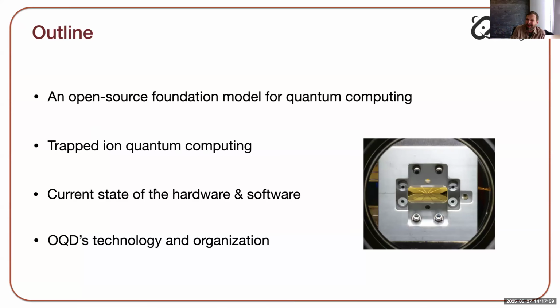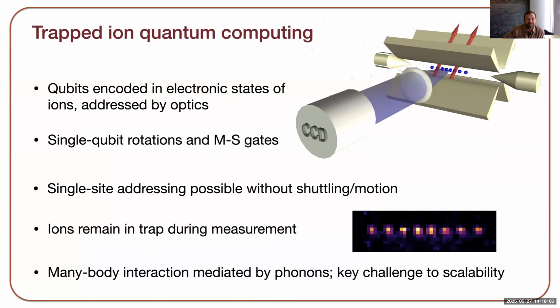Okay, that beauty on the right is a segmented blade trap. And what is that? Okay, a trapped ion quantum computer. You take atoms, you strip off an electron, they become charged. They can be trapped by RF, some sort of electrodynamical trap, and so this is some sort of Paul trap, I guess.